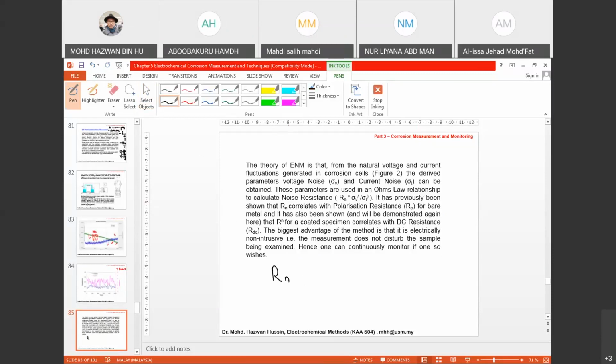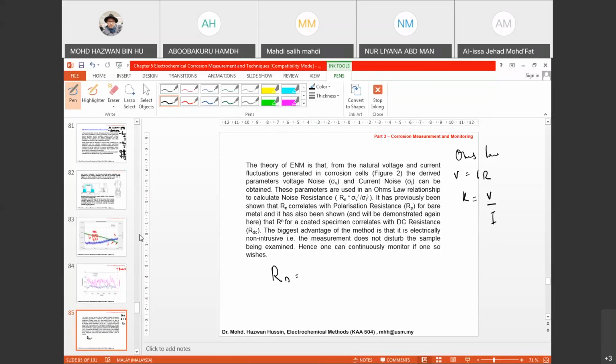So Rn is actually noise resistance. How can you get noise resistance? If you still remember Ohm's law, V equals IR, and if you want to calculate R, it is V over I. So over here, the noise resistance can be obtained if you divide the value of potential over the value of current.